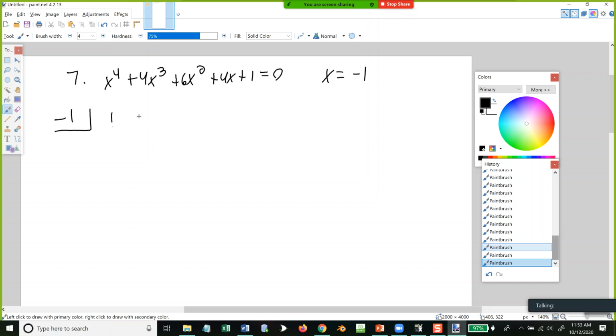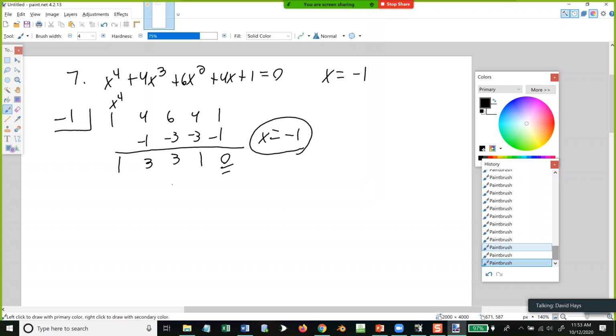Okay, so plug that in. This is x to the 4th currently. So add, multiply, add, multiply, add, multiply, add, multiply, add. That tells us x equals -1 is our first answer.